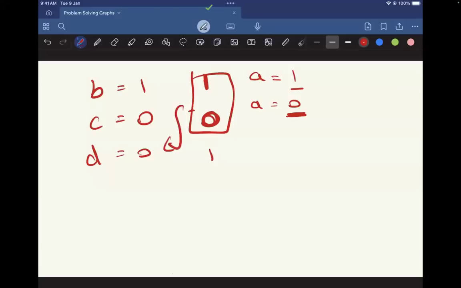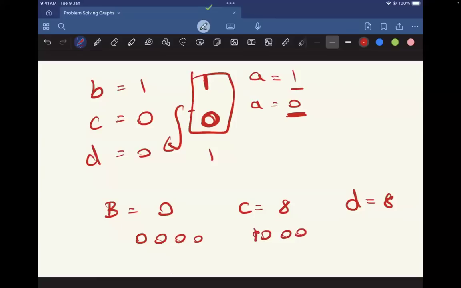Okay. Now, Nishwan says that is not possible. If B is 0, C is 16, and D is 8, in this case B is 0, 0, 0, 0, 0. C is 1, 0, 0, 0, 0. And D is 1, 0, 0, 0. Now you are saying that A is equal to 16, which is 1, 0, 0, 0, 0.